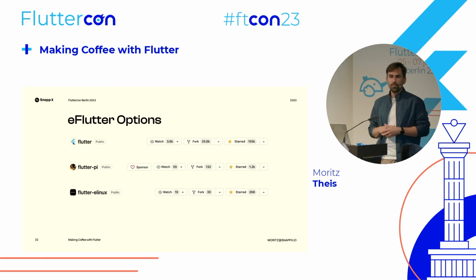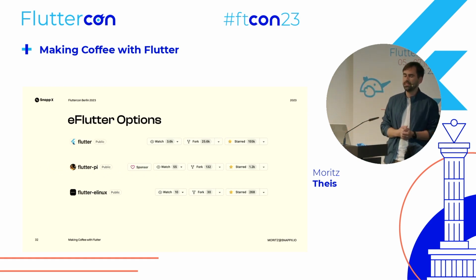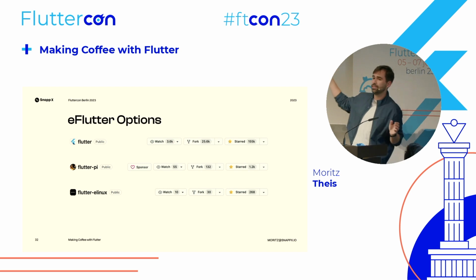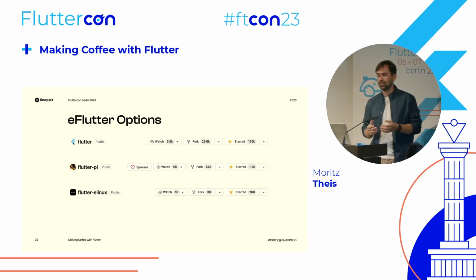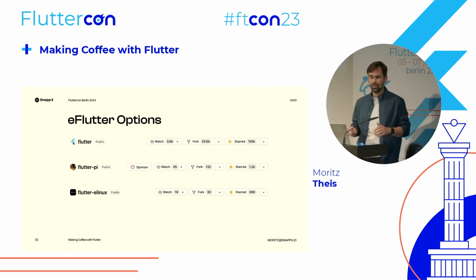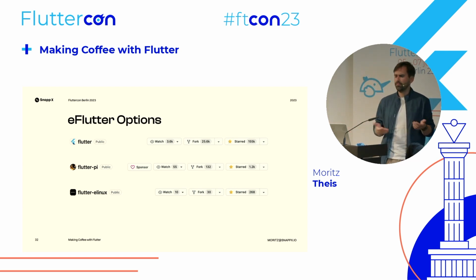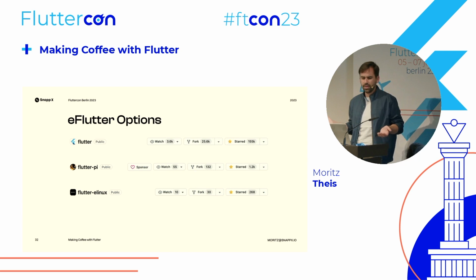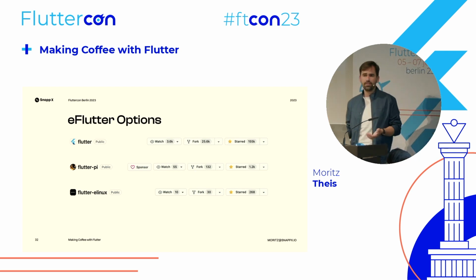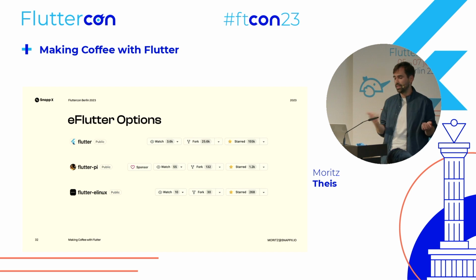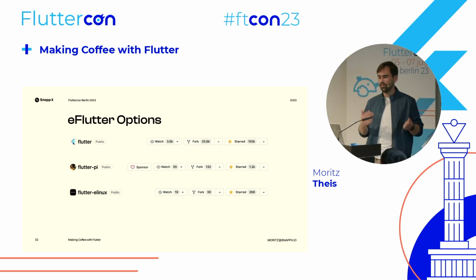So what are the options we have to run Flutter on embedded devices? There's more; this is just a small list. I think the three most prominent choices right now are, first, just going for Flutter as it is. I mean, it runs on Linux, it runs well on Linux desktop. Then we have Flutter Pi, which is a custom, non-official embedder that is really focused on running Flutter on the Raspberry Pi.